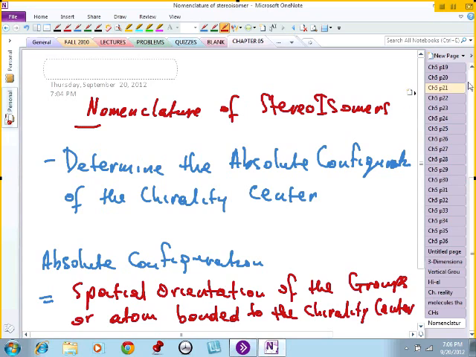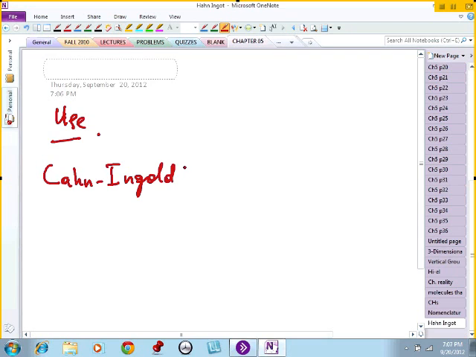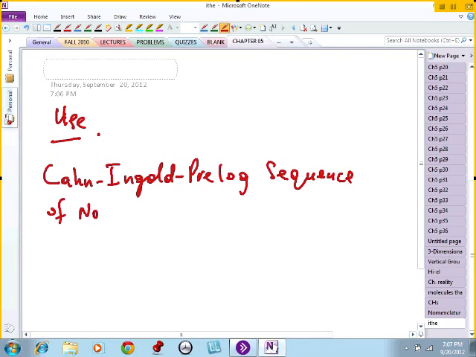So how do we do this? Okay. To do this, we use what we call the Cahn-Ingold-Prelog sequence of nomenclature.